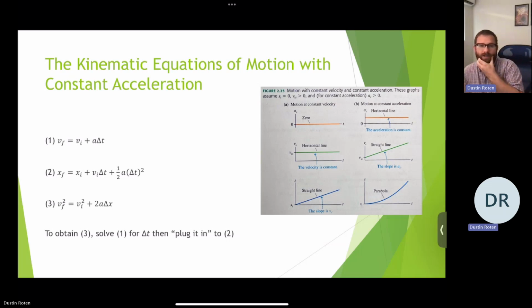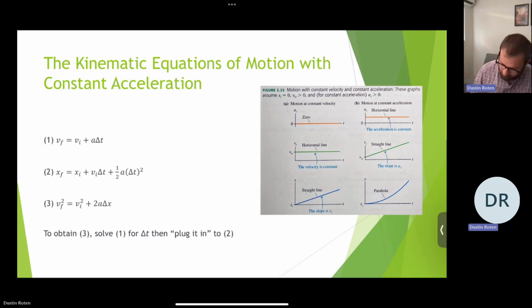All right, so that means we actually have a couple different kinematic equations here. So we've already derived this first kinematic equation where we can actually calculate the final velocity. We just looked at number 2 here, the position versus time with an acceleration. Now, to obtain this third equation, I'm leaving it as a problem on a problem set. But what you want to do to actually build and construct from first principles this third equation is you want to solve equation 1 for delta t.